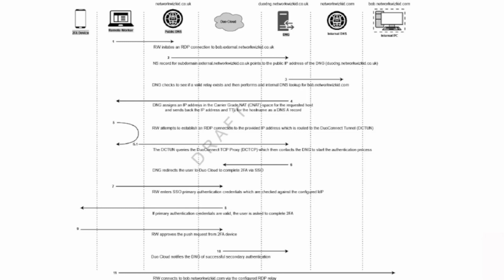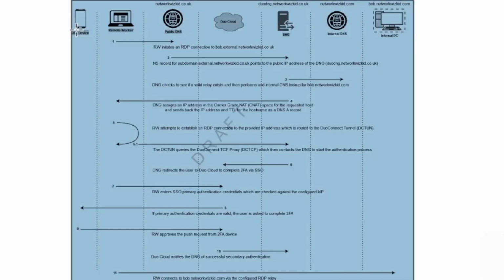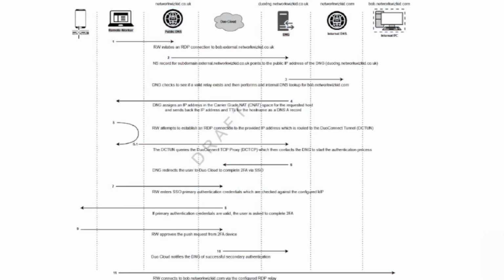If we just look at the left hand side of the screen there, we've got the two-factor authentication device here. We've got the remote worker. We've got a public DNS. We've got the Duo Cloud. We have the DNG, which is, in this case, duodng.networkwizkid.co.uk. That's a fully qualified domain reachable on the internet for my DNG.